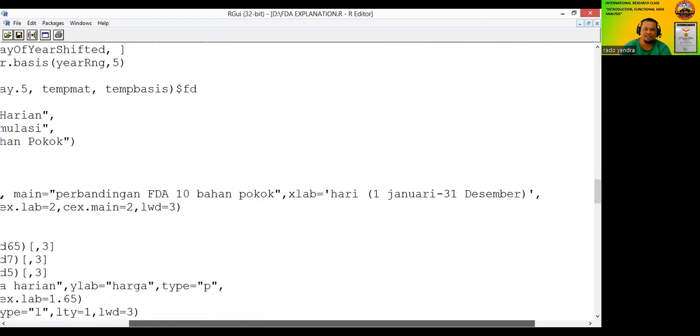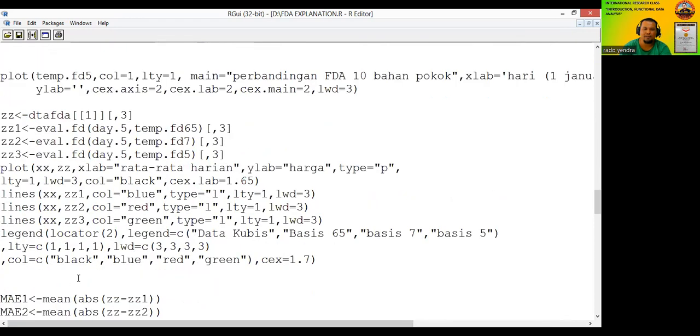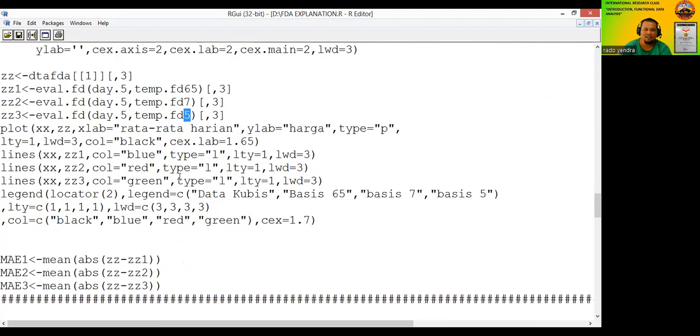Then after that, we make the comparison, ZZ, for a specific variable. For our discussion today, we use column 3 for the potato, and ZZ1 for the basis 65, ZZ2 for the 7, and ZZ3 for the 5, and then we make the comparison.